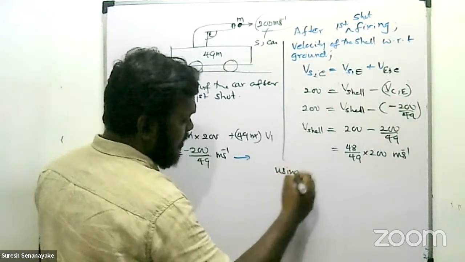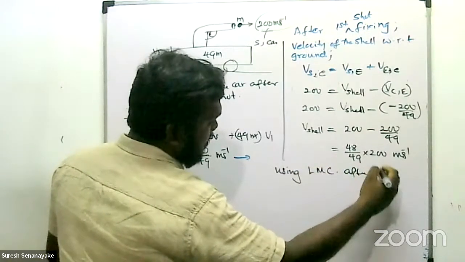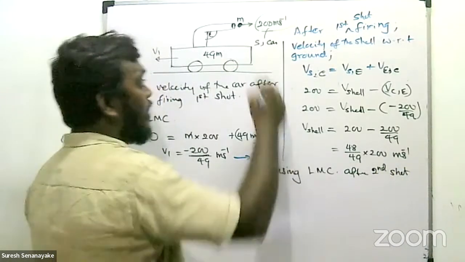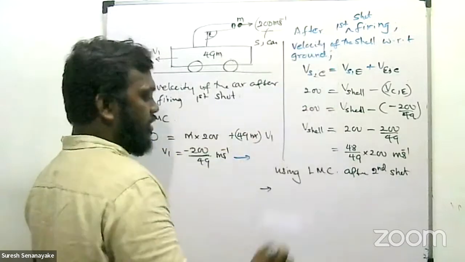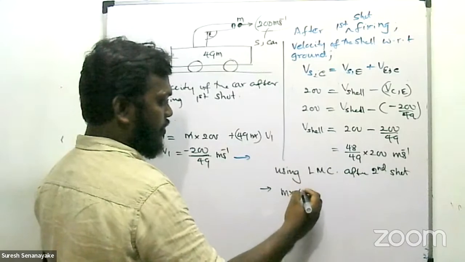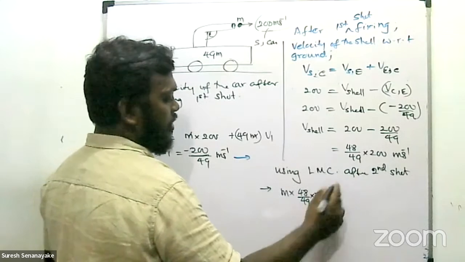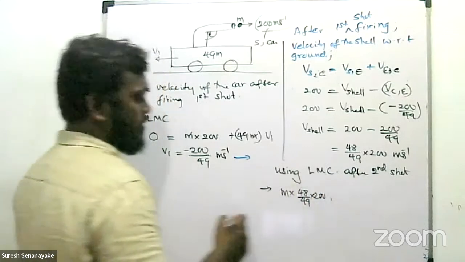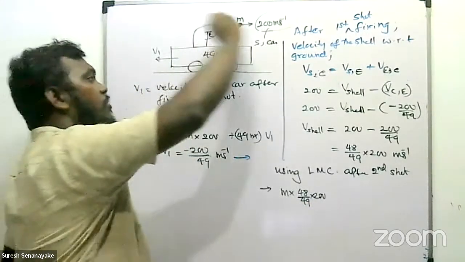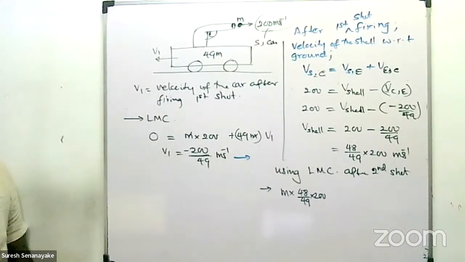Using linear momentum conservation after the second shot, the initial momentum is mass m multiplied by this velocity of the shell, 48 over 49 times 200, and the other parts are not zero, because the gun is moving to the opposite side.